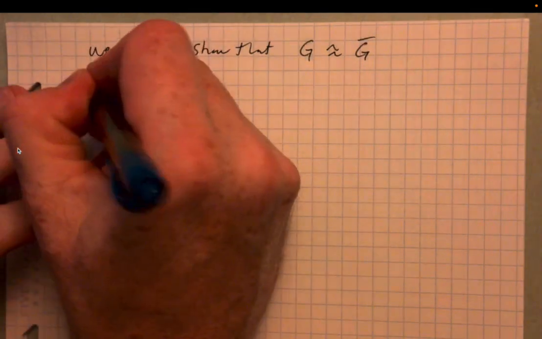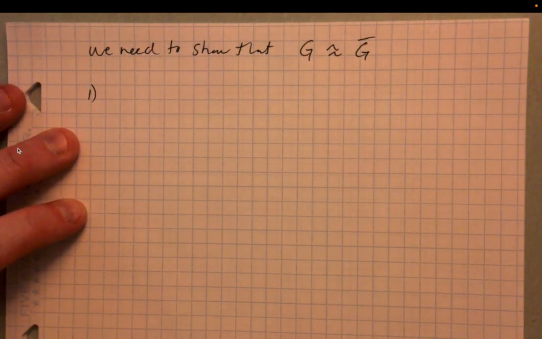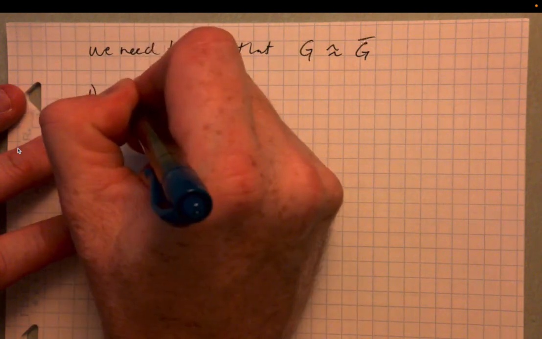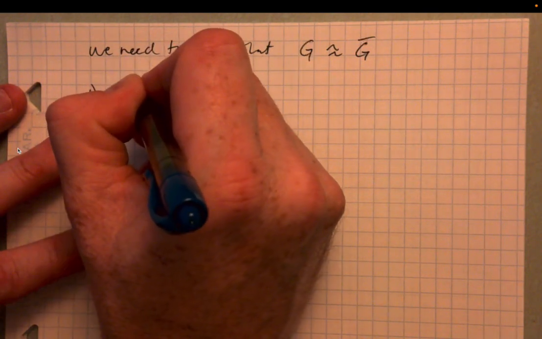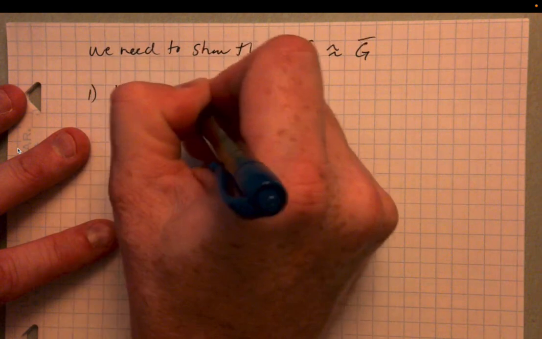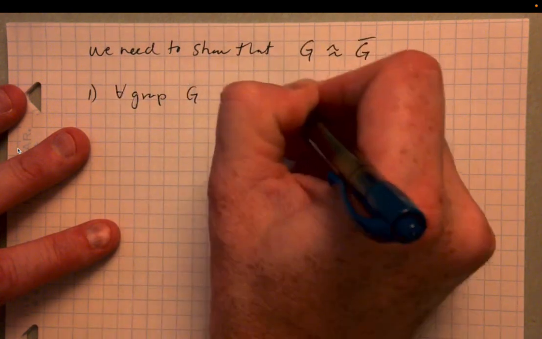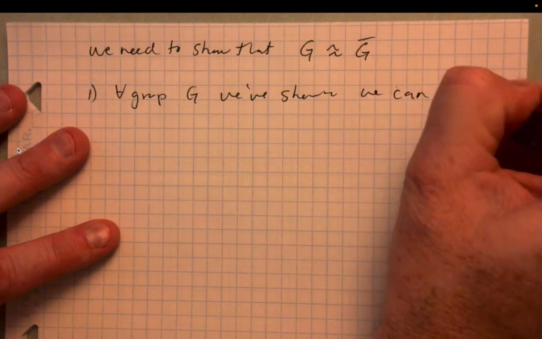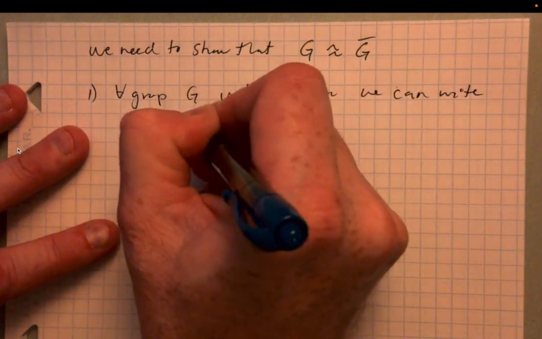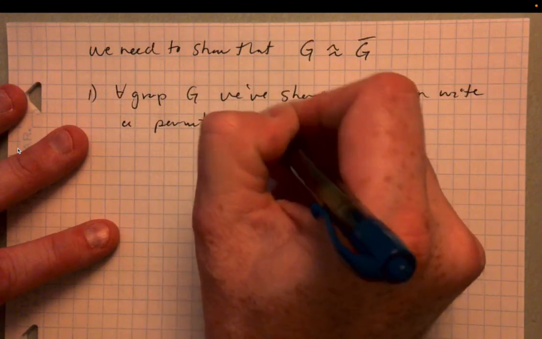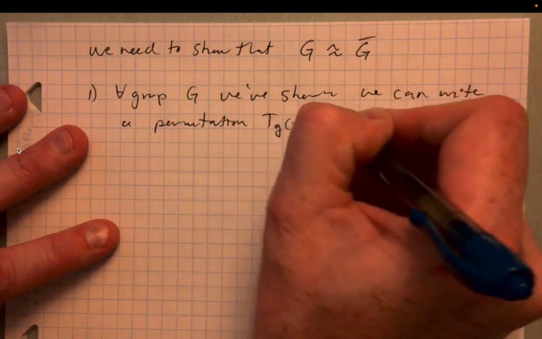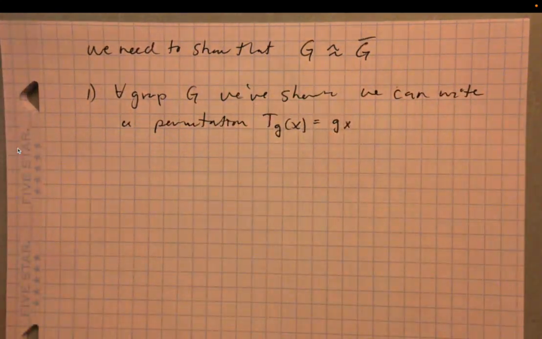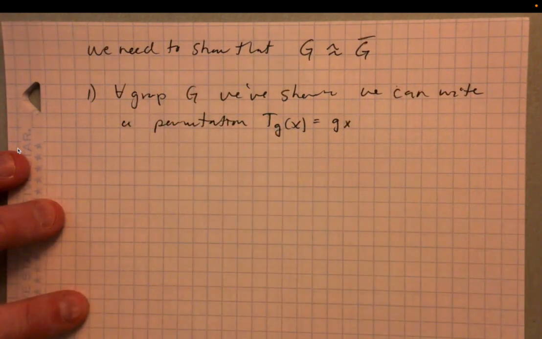Let's review and make sure that we understand what we've got. For any group G, we've shown we can write a permutation T sub g of x equals g x. That was what we started with, and the key here is that this is a permutation.